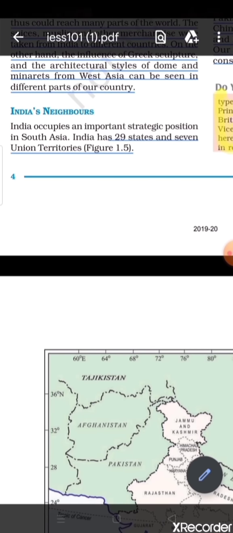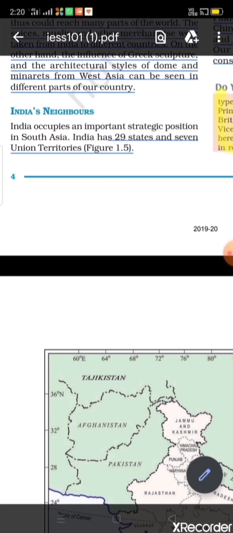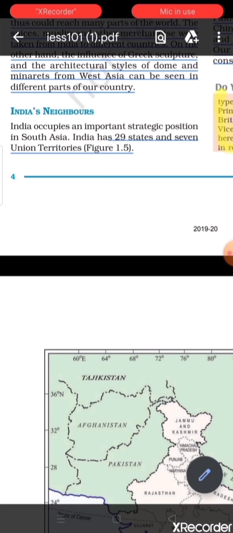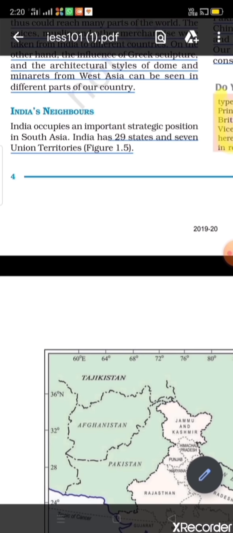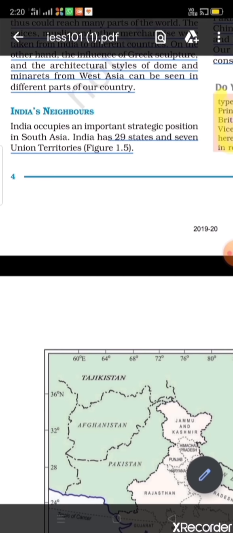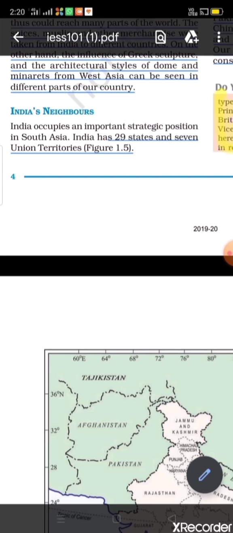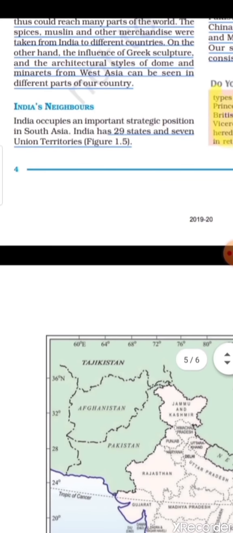If you do not have a notebook and pen, you can pause the video, bring your notebook and note down the information. And from next time, students, please always keep a notebook and a pen with you, so that you can note down important terms and notes in your copy and revise them later on.